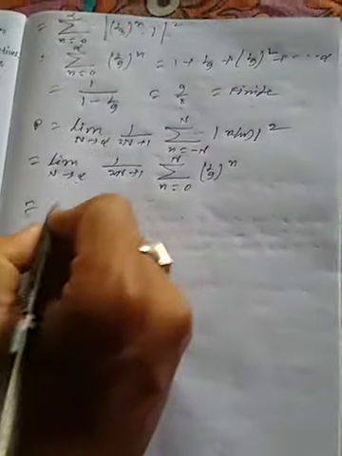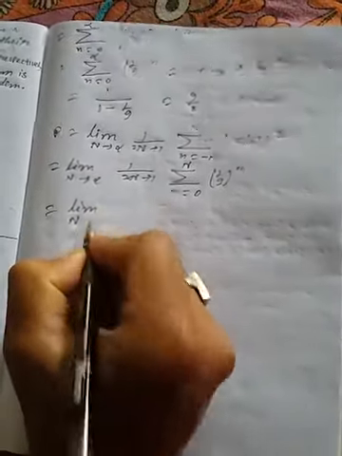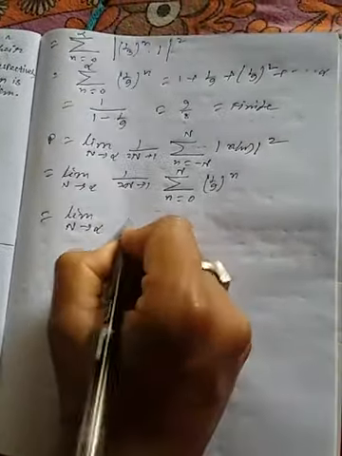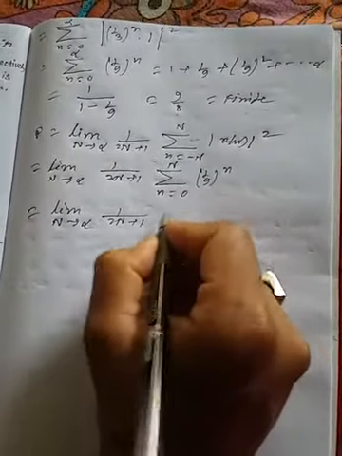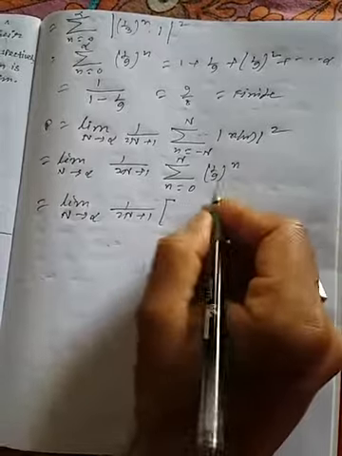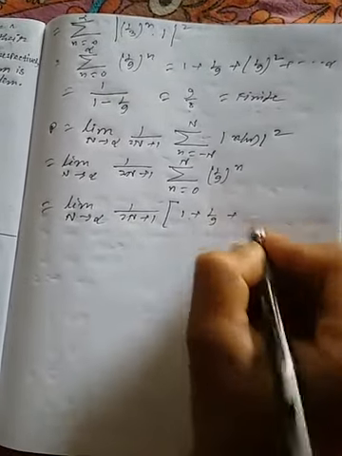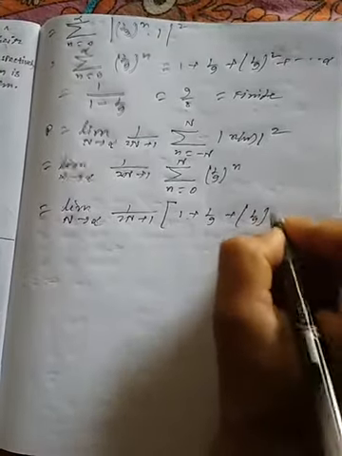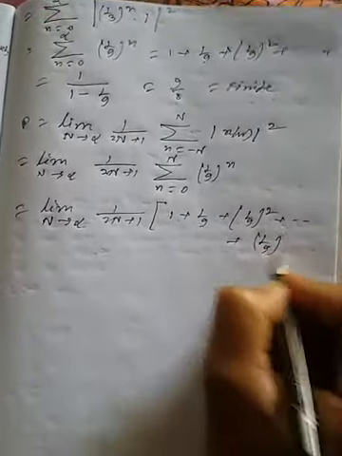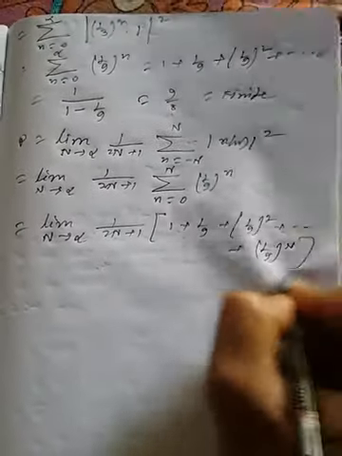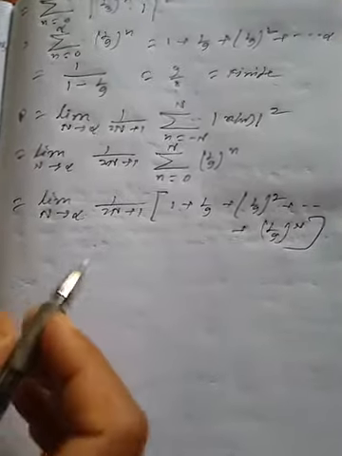It will be limit capital N tends to infinity, 1 by (2N plus 1), and the value is 1 plus 1/9 plus (1/9)^2 up to (1/9)^N. This is also a GP, a finite GP series.